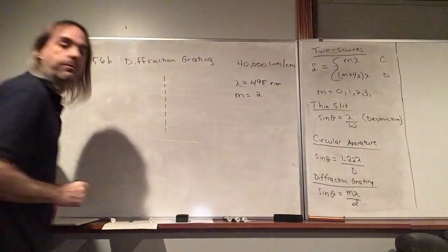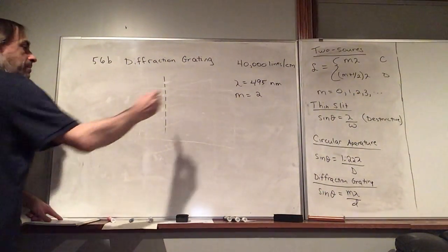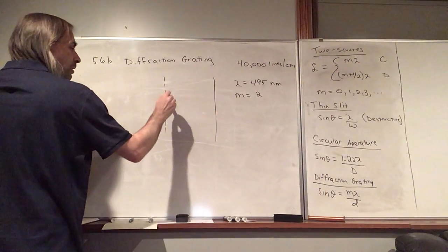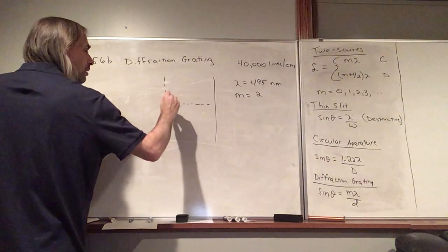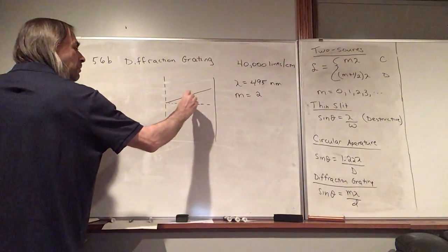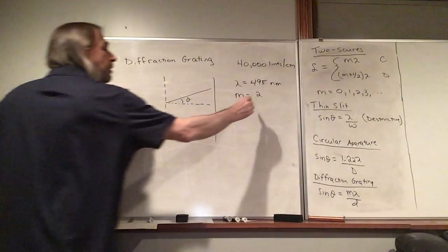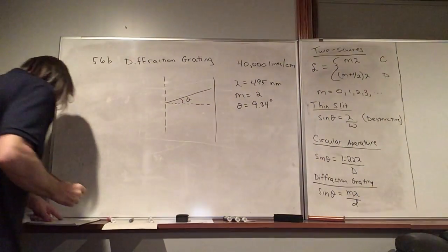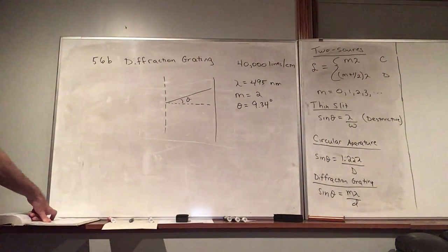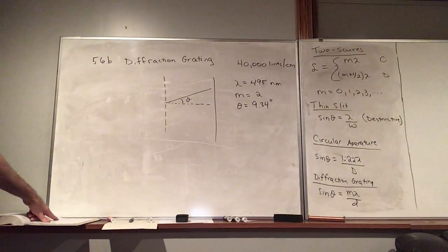So second order, that would mean m equals 2, whose position is defined by the angle. So if we just look at one slit here, this angle of 9.34 degrees. So how many lines per centimeter does the grating have? That's what we want to figure out.